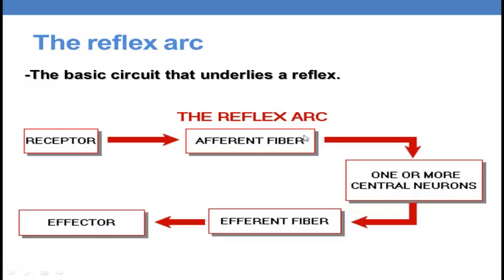These afferent fibers will pass to a certain center, maybe one or more central neurons that integrate the response, and this response will pass from the center to the effector organ via efferent fibers. So the components of the reflex arc are receptors, afferent fiber, one or more centers, efferent fiber, and effector.